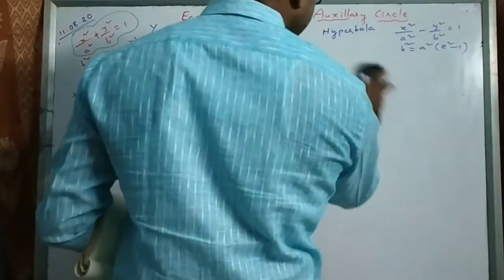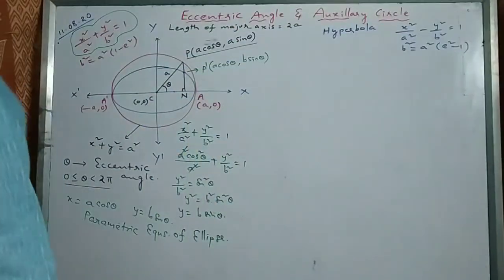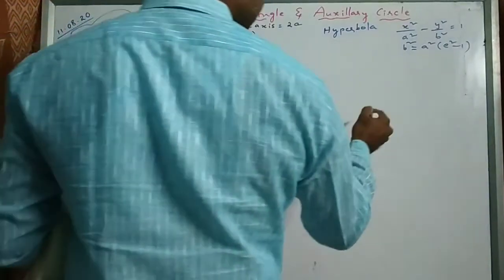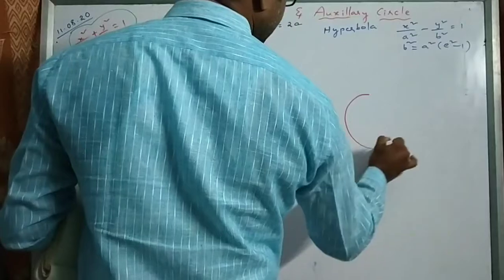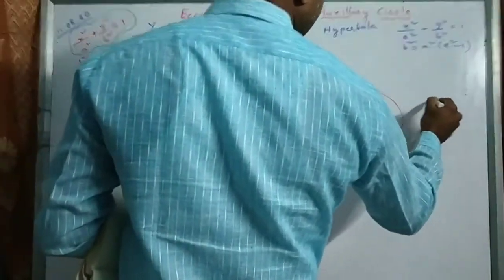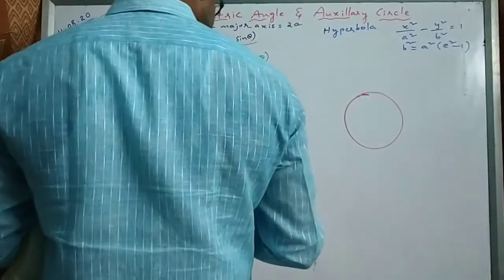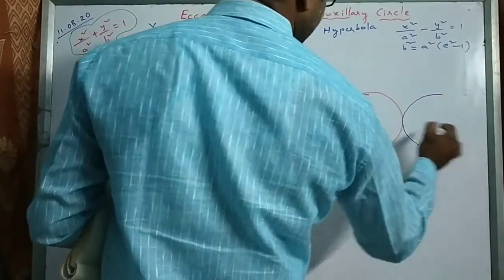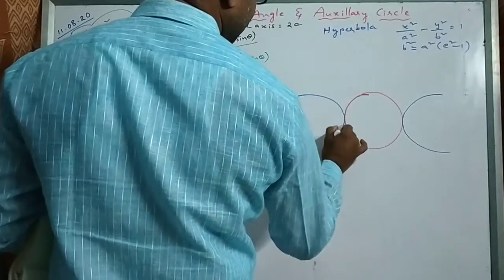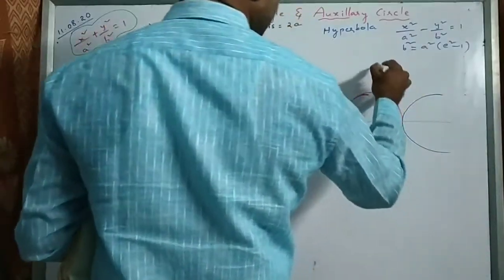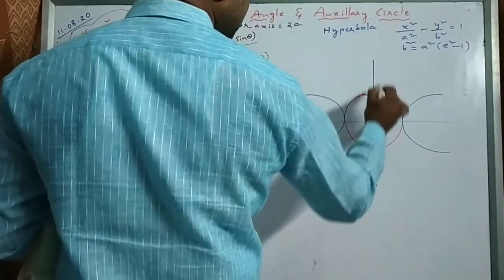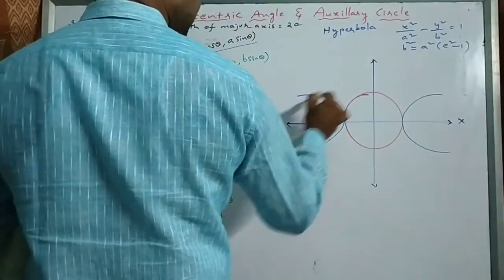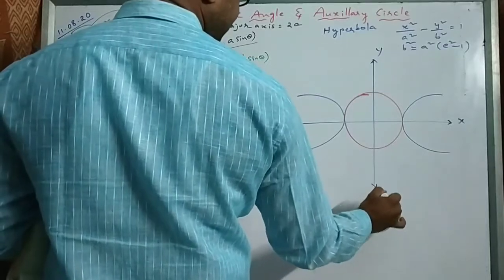Otherwise, I will draw a circle first. Is that clear now? X dash, y dash.